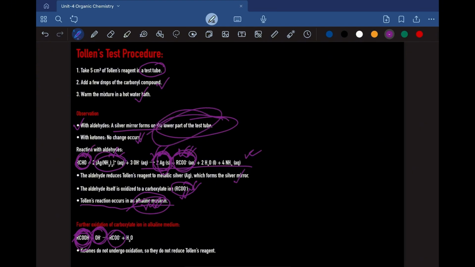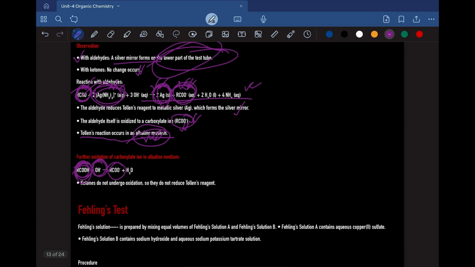As the aldehyde has reduced the Tollens reagent, we can say the aldehyde is a reducing agent here. Ketones do not go on oxidation, so they do not reduce Tollens reagent. We have said this before as well: ketones can never be oxidized.